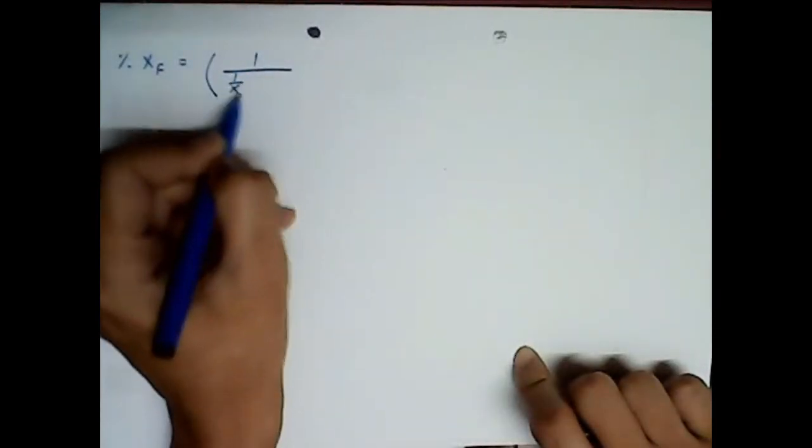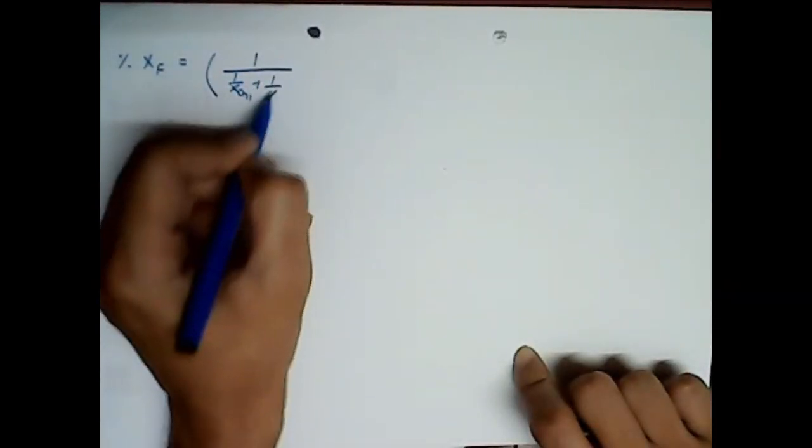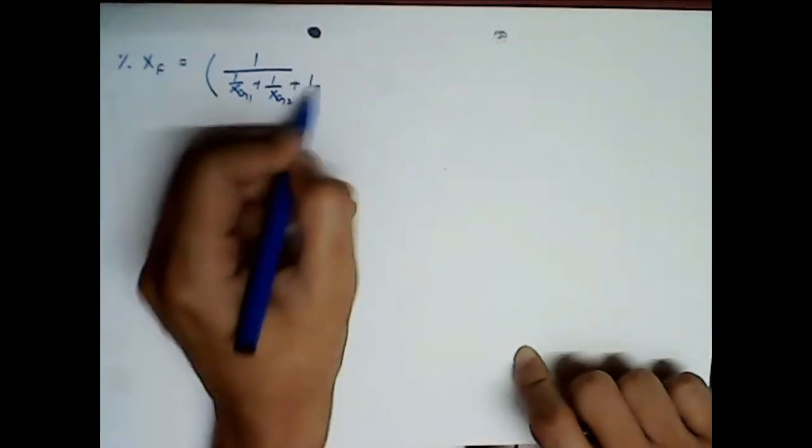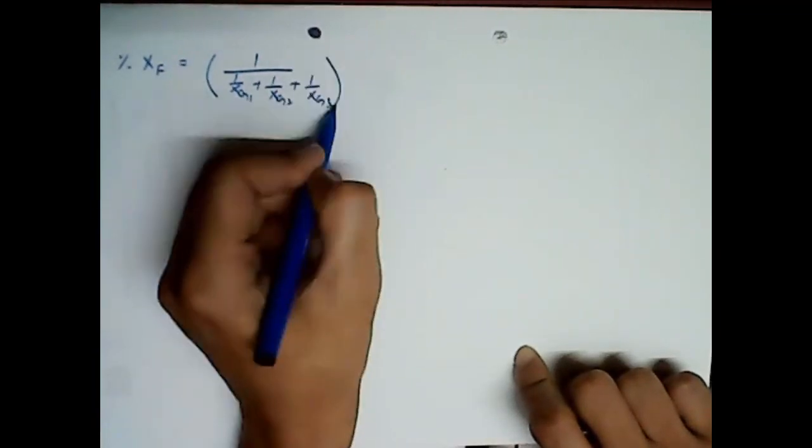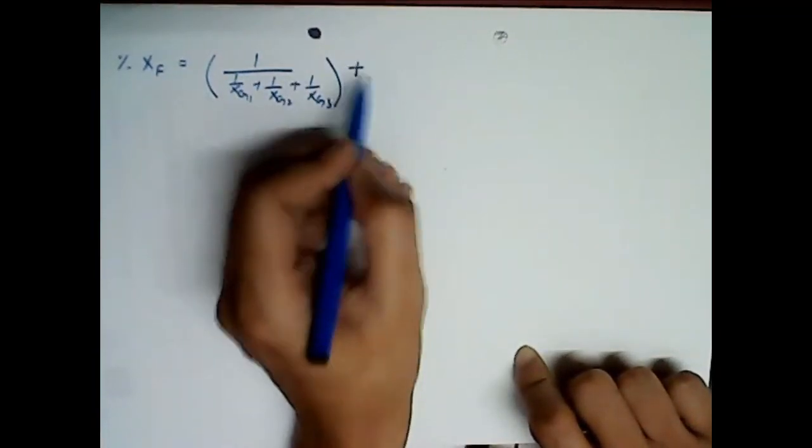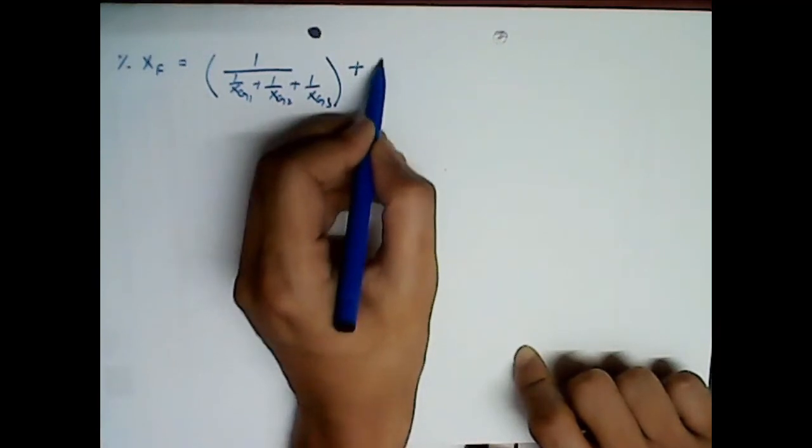So now we can calculate the percentage XF as 1 over (1/Xg1 plus 1/Xg2 plus 1/Xg3) plus Xt1.